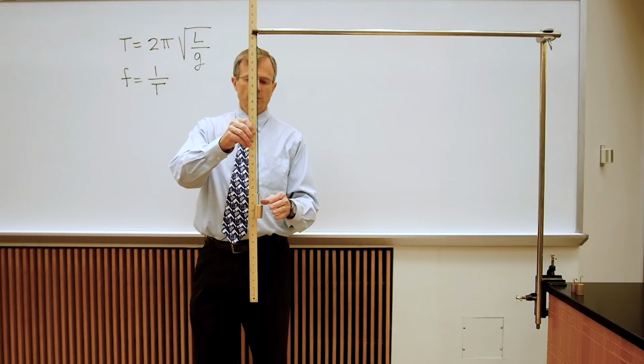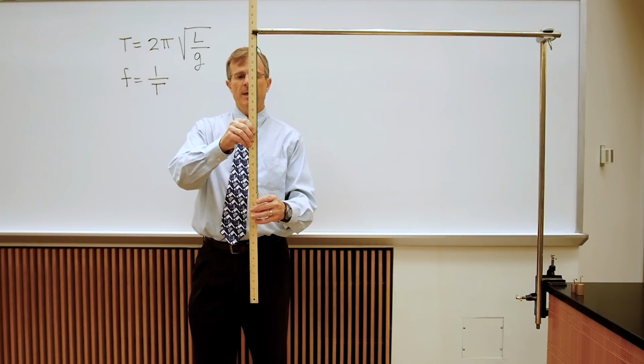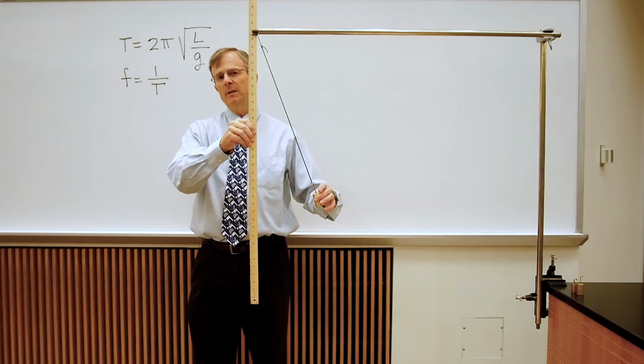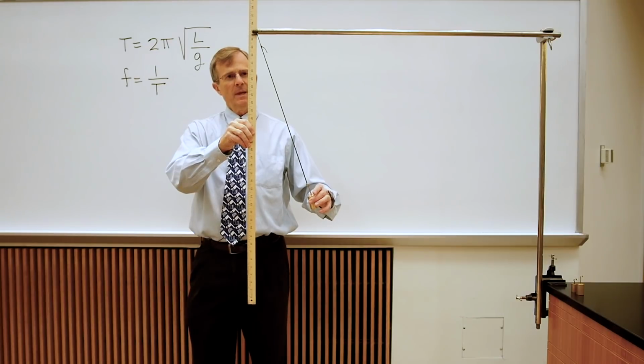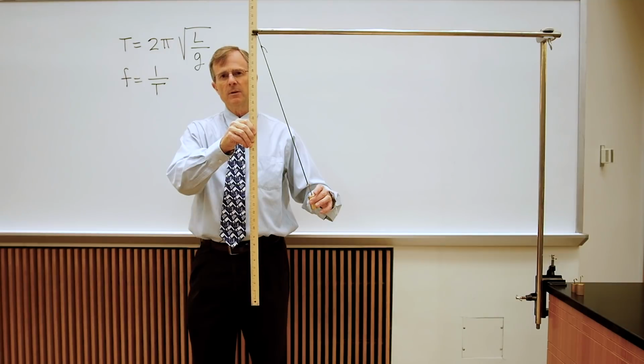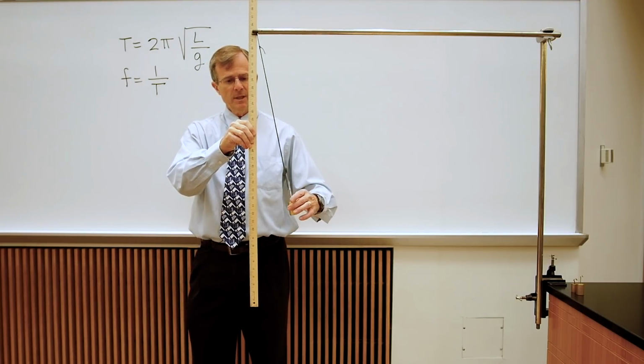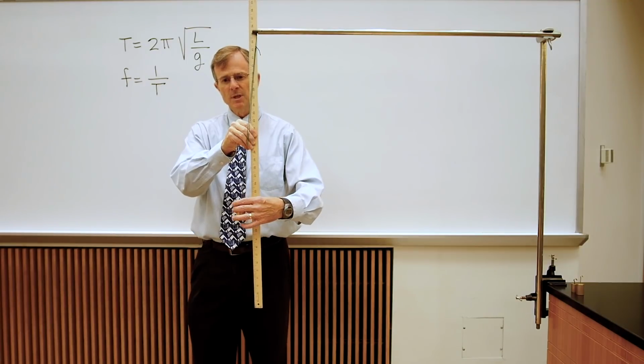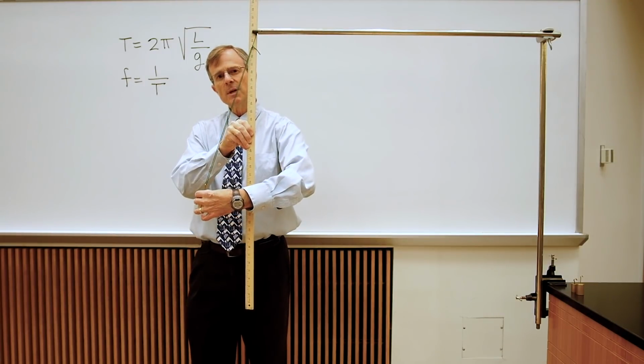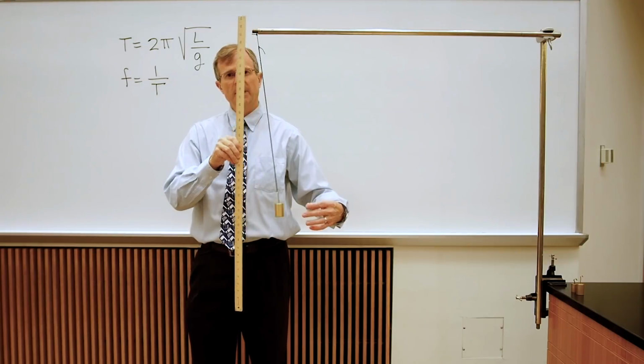If I put the ruler roughly where that vertical line is, and then I bring the pendulum out, the angle that is made between the green string here and the ruler is maybe about 10 or 15 degrees in this particular case. That is the amplitude. So if I release it from rest at that angle of, say, 15 degrees, then it will come down through the equilibrium position, go 15 degrees onto the other side, and then back and forth like that.